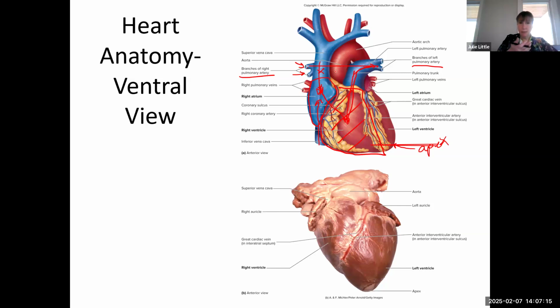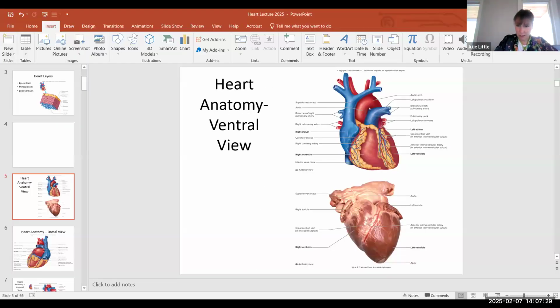So we can only see the start of the right pulmonary artery from the back side of the heart is what I'm saying. Now let's see if I can do this to discard some of that ink and go right back to it.